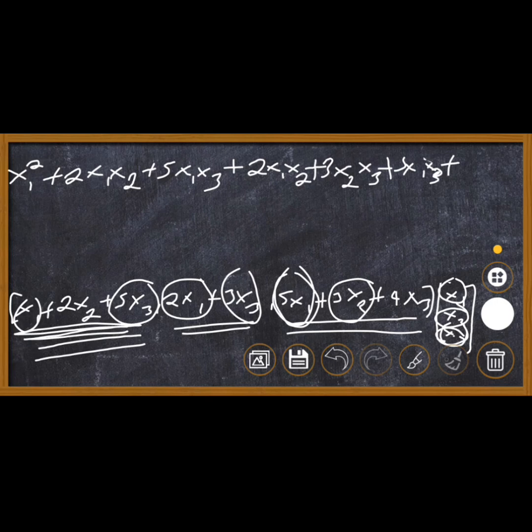We are going to have 3x2, then x3. Okay, for the sake of space, I will just add the last one here. Then we have 4x3 multiplied by x3. Of course, we are going to have 4x3 squared.